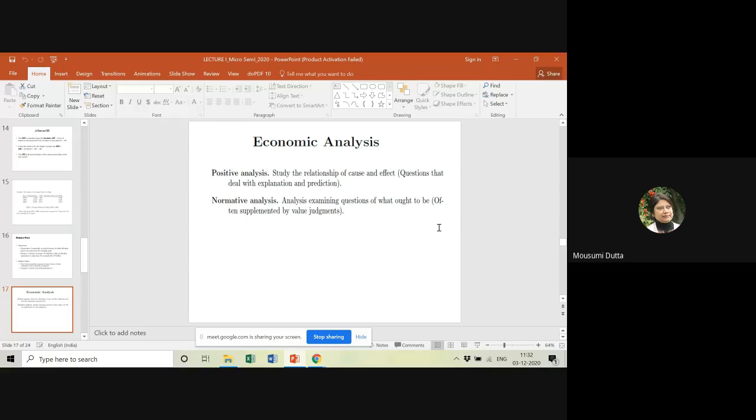Therefore, I mentioned you will learn about development economics, etc. Ethical issues are there, welfare issues are there, individuals belonging to the society. So what is social optimum? That concept is also there.